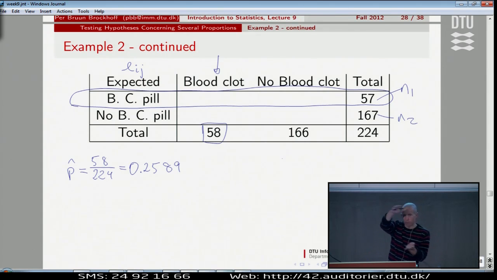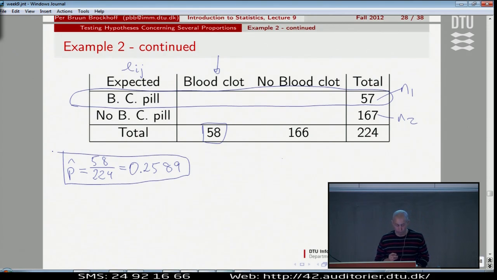Again, the table is row-wise now instead of column-wise. Sorry about that. Among the 57, how many should get the disease if the joint proportion of 26% applies to this group? Well, then this one, which we could call E11, should be the joint proportion times N1.